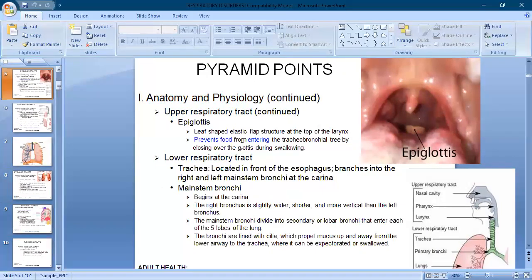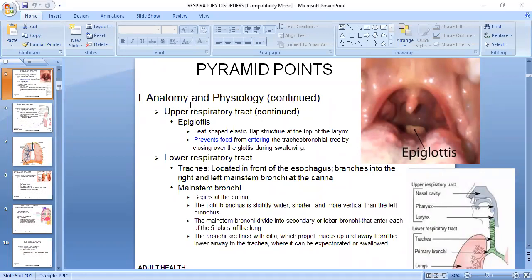right? So here we go, the lower respiratory tract now, and we say the lower respiratory tract consists of the trachea, primary bronchi, and lungs. The trachea is located in front of the esophagus. From anterior to posterior, the respiratory tract is in front, then the gastrointestinal tract.